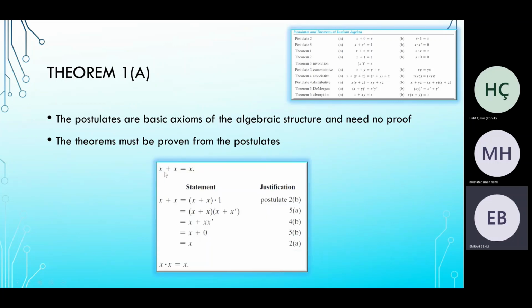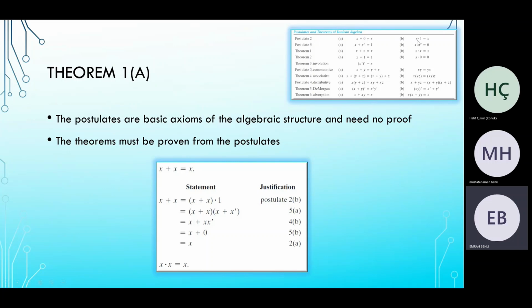And we have now X or X, which is X. What we are doing is we can put this in AND operation with 1. And 1, we can write it in this way. How? We are using postulate. First, we are using postulate 2b.